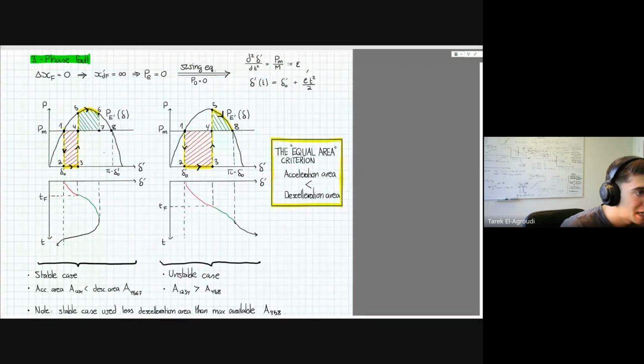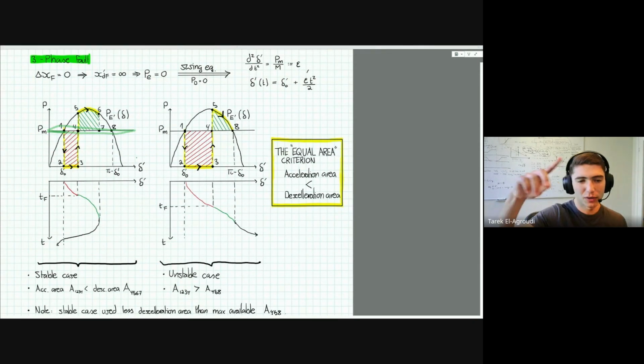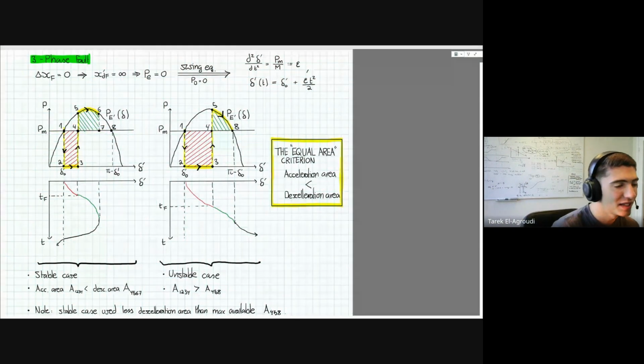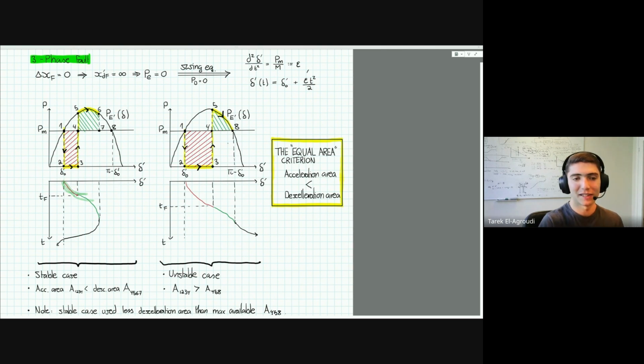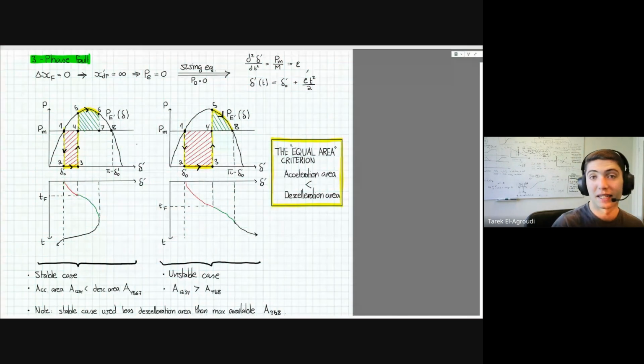What happens then? Our mechanical power is still constant here. We have no fast frequency control adjusting that. So due to our swing equation, we will accelerate with the mechanical power. And so the rotor angle will start accelerating, and this is like a quadratic acceleration because it's a second order swing equation.